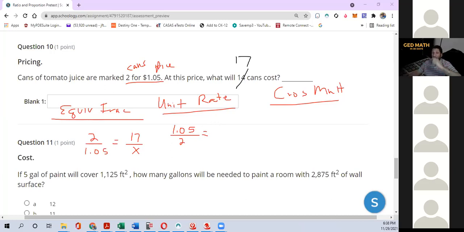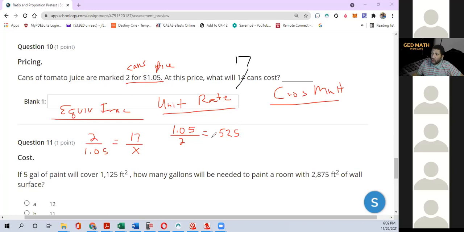Okay, so what is 1.05 divided by 2? 0.525. What that's telling me is that each can of tomato juice costs 52.5 cents.